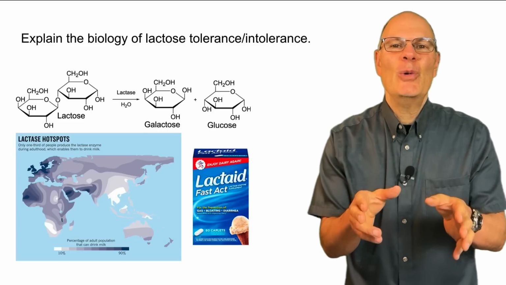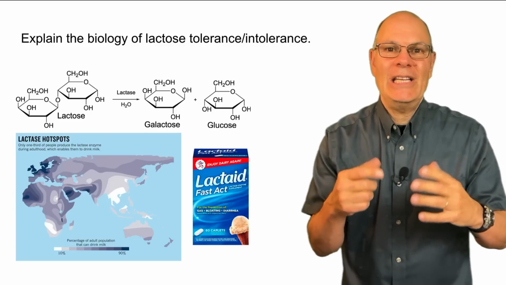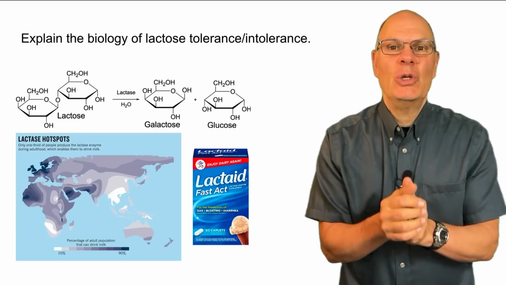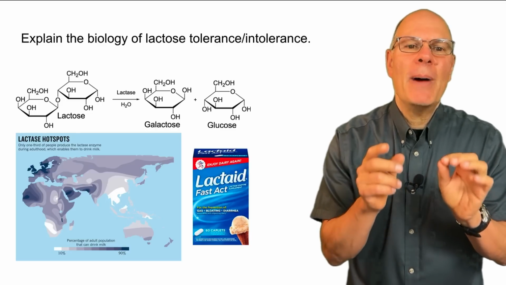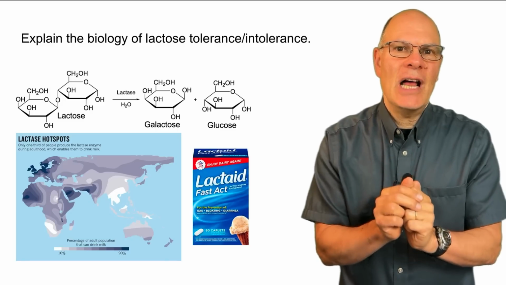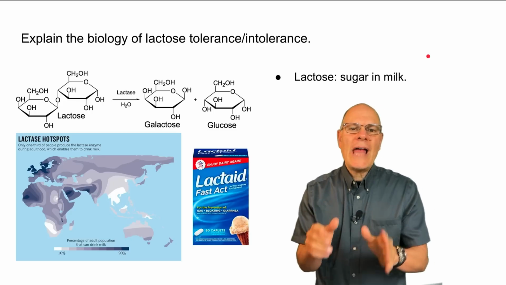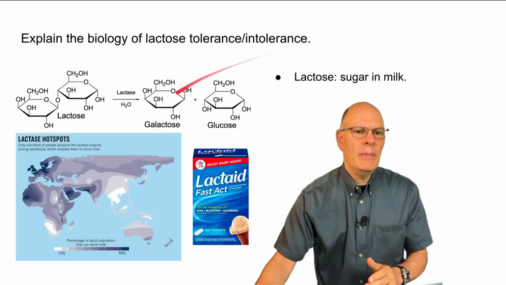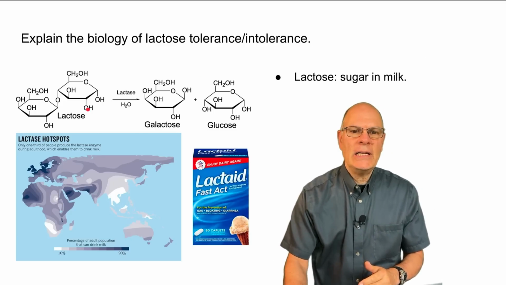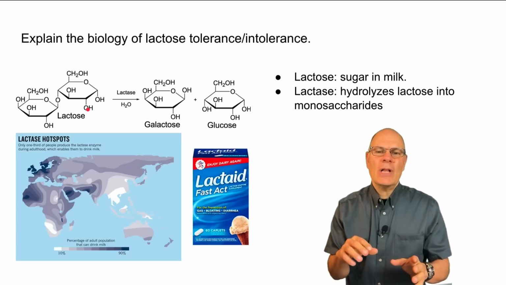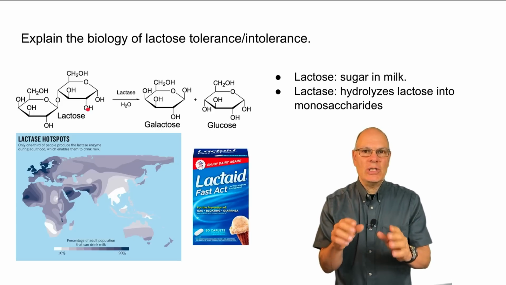Let's end our review of carbohydrates by looking at an issue in relatively recent human evolution related to carbohydrates. And that's about the biology of lactose tolerance and intolerance. So here's what you need to know. Lactose is the sugar in milk. Here it is, it's a disaccharide. Lactase is the enzyme that hydrolyzes lactose into monosaccharides.